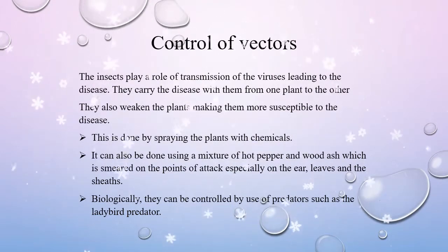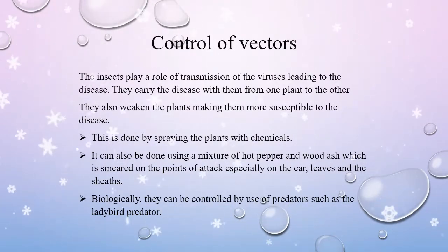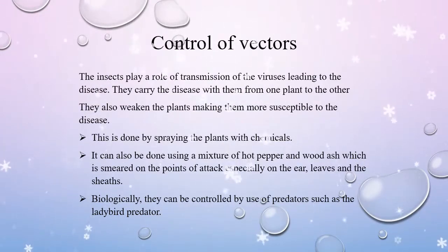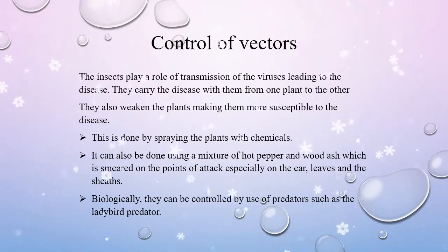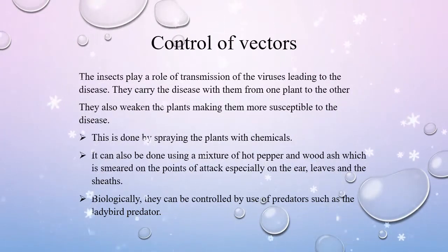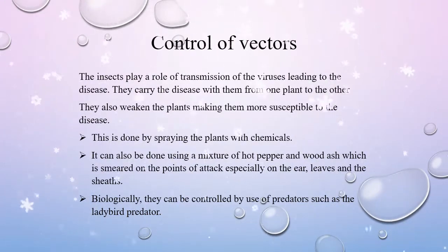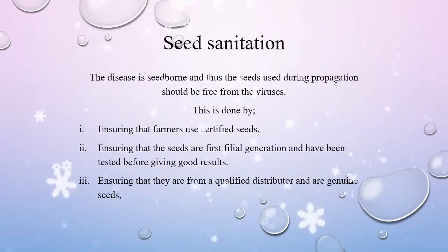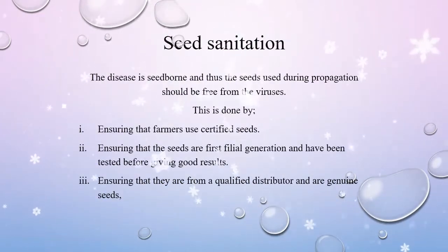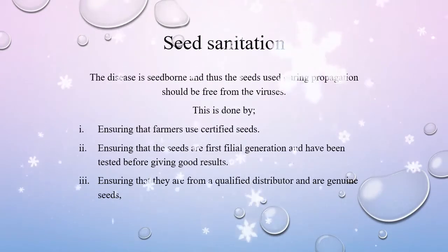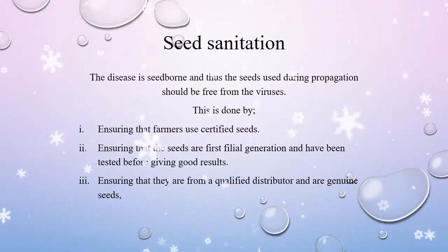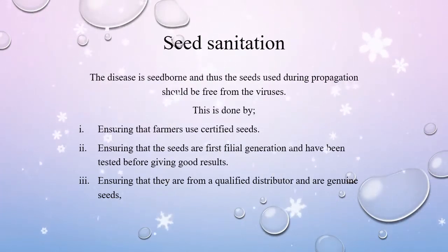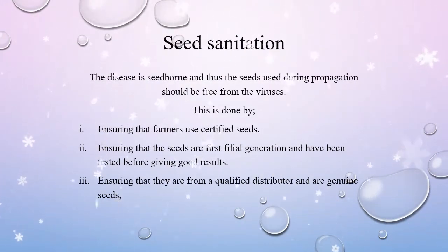Also, we have the biological control, whereby we can use predators such as ladybirds to feed on these aphids and the other small vector insects. Also have seed sanitation. It is important for us to know that this disease is seed-borne, and that the seeds used during propagation should be free from the viruses.